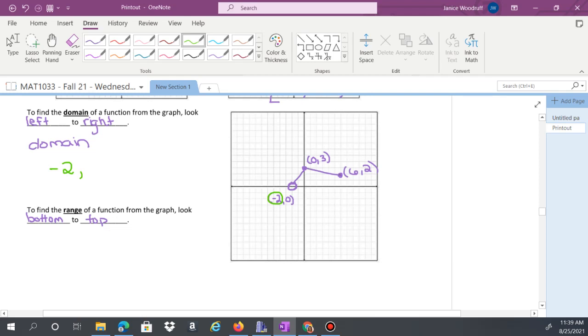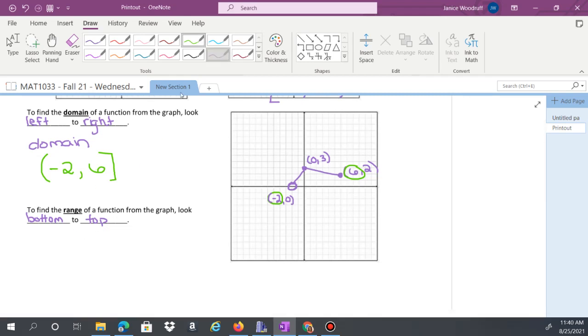Farthest right value, 6. Now let's look at the circles. -2 is an open circle, so that will get a parentheses. 6 has a closed circle, so we get a bracket. So the domain of this function is -2, 6. Parentheses on -2, bracket on the 6.